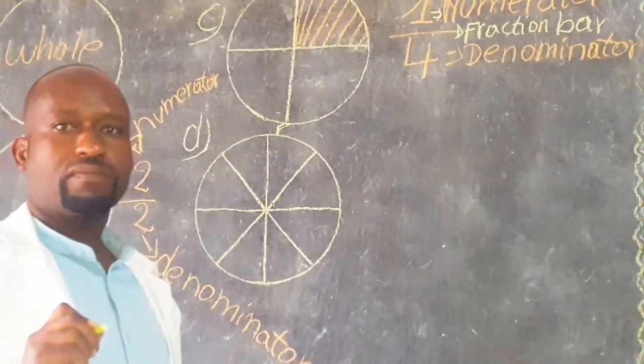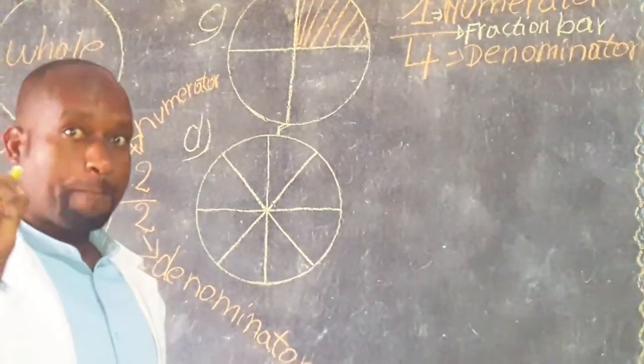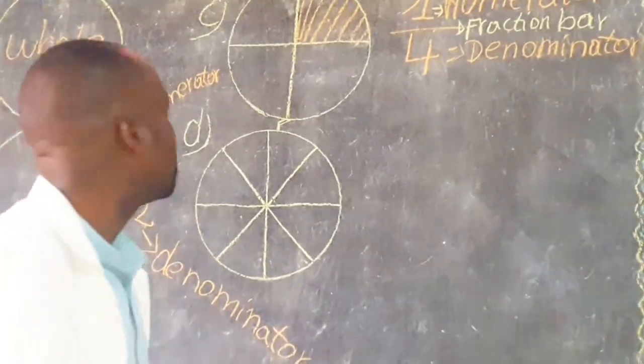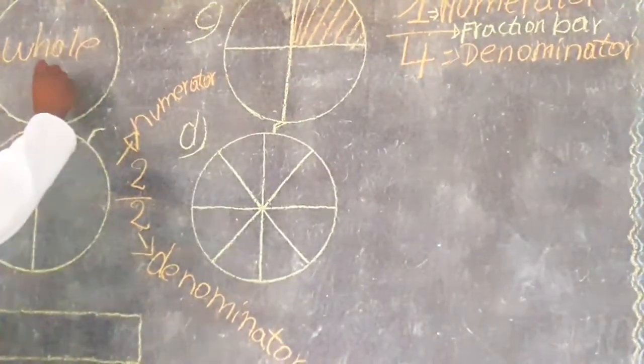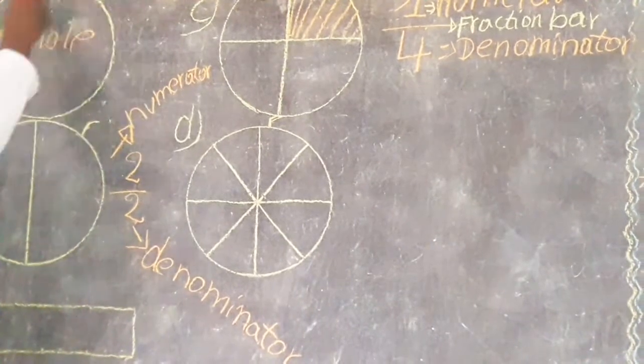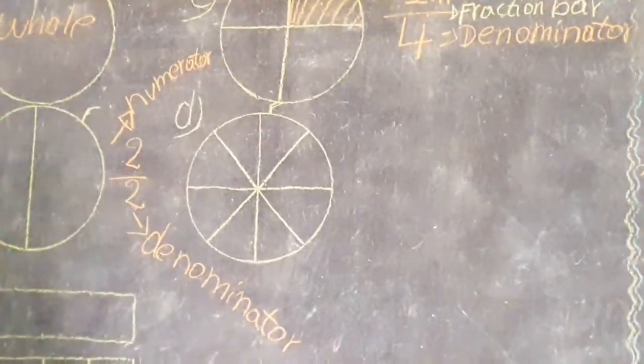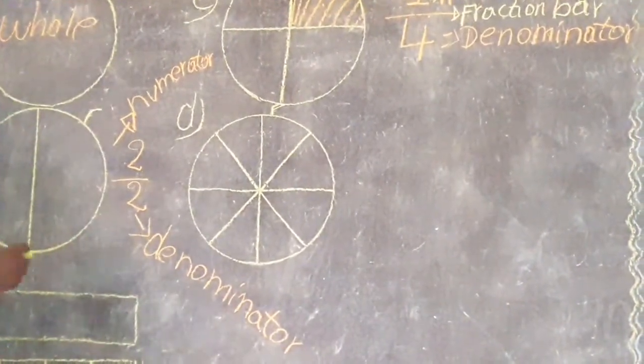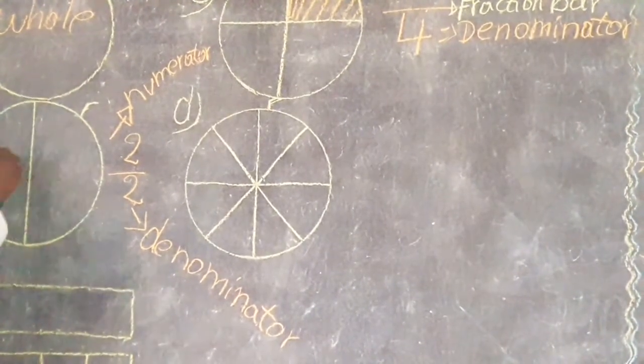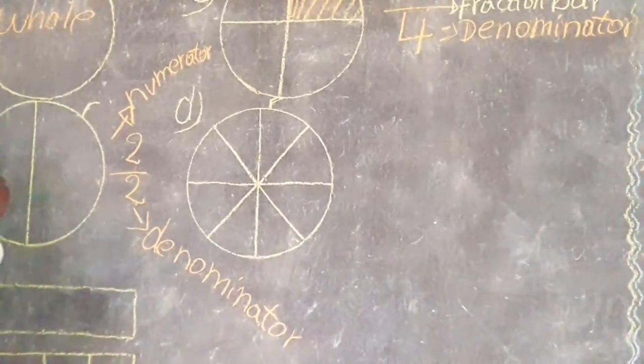Remember this, a fraction is a part of a whole. The whole was this potato, and we cut it in a fraction. First time we have 2 parts among 2 parts.